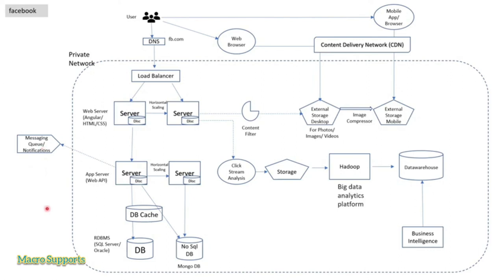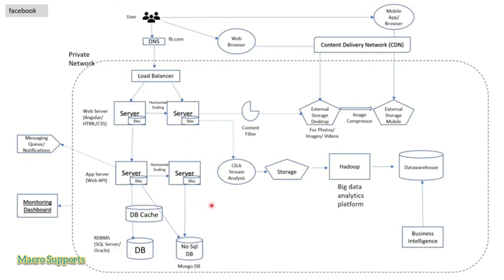Then the last thing is a monitoring dashboard, which will keep checking the health of all the resources like servers, database, storage in a single dashboard. If there is any problem in any one of them, then it will raise the alarm.